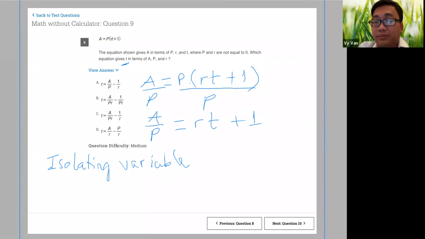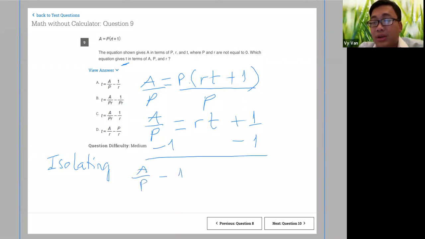Again, we want to undo everything. Here we have plus 1, we undo plus 1, which means minus 1. So we have A over P minus 1 equals RT.